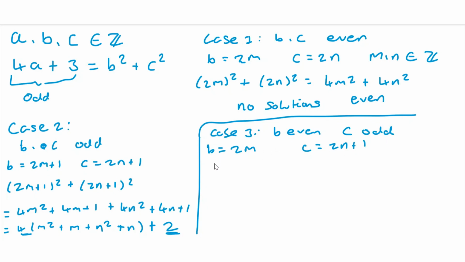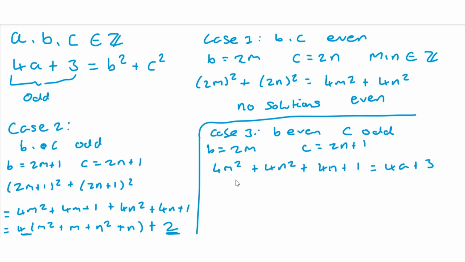We get 4m squared plus 4n squared plus 4n plus 1. Now this is odd, so we can set this equal to 4a plus 3 and look for some solutions.